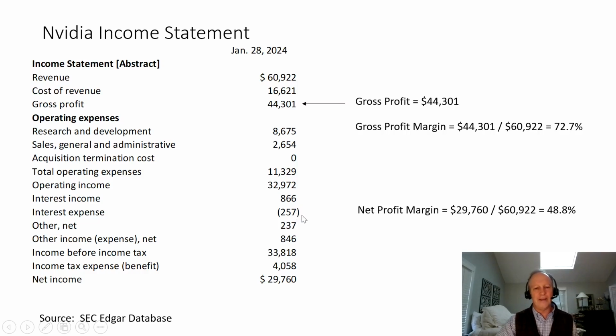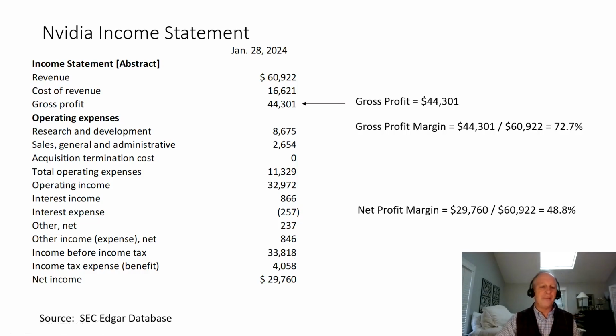It can be a little tricky, but you can always calculate it. You take that $32 billion number, subtract this 866, add in the 866, subtract out the 257, and add in this 237. It gets you this net number of 846. It is income. I add it to the $32 billion number, and I get total income before tax of $33.818 billion.